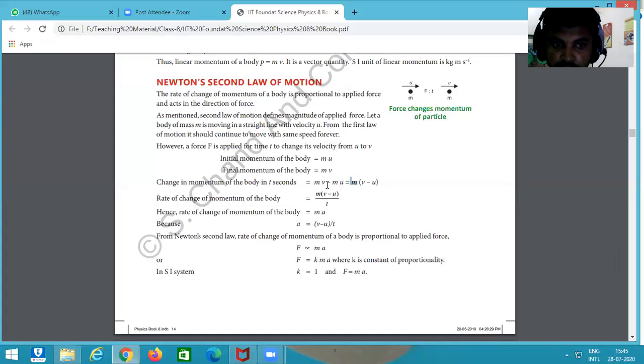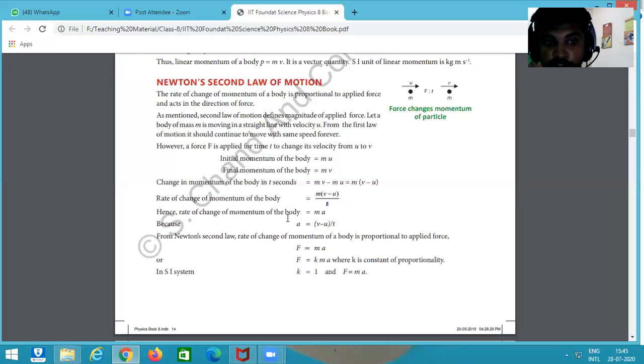What remains? v minus u. So the change in momentum is m(v minus u). If we talk about the rate of change of momentum of the body, rate of change means according to time, so t is also used. So m(v minus u) upon t. It means per second.